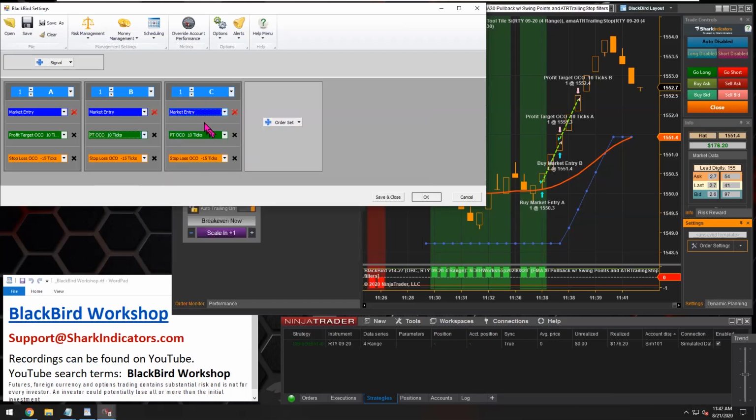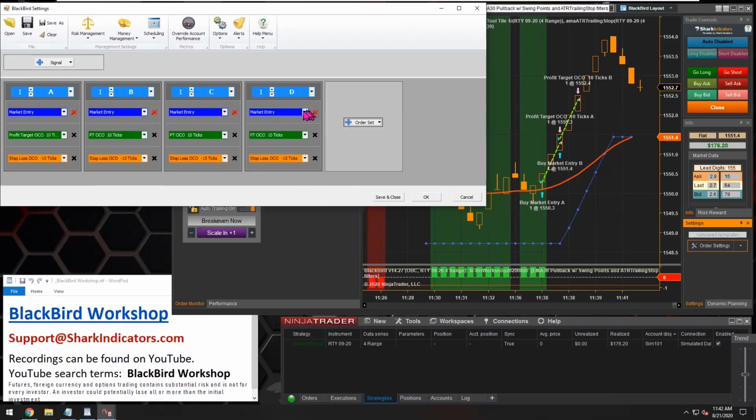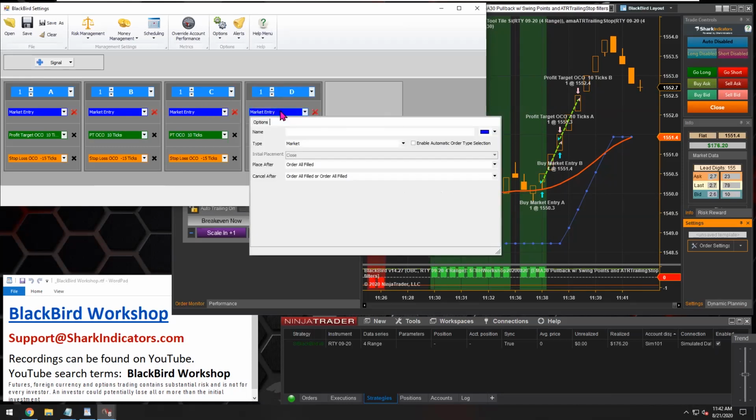So if you want a second scaling in, then we're going to have to add a third one that's just in there as a dummy. D is probably going to end up getting canceled, but D basically leaves BlackBird in a pending state so that order C can get filled without getting canceled.